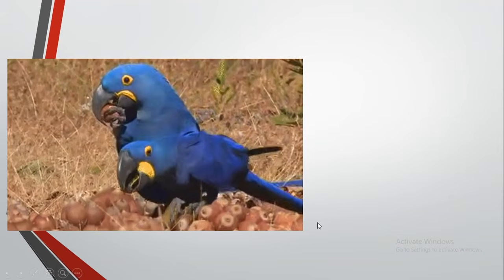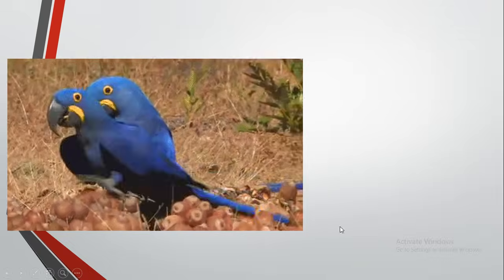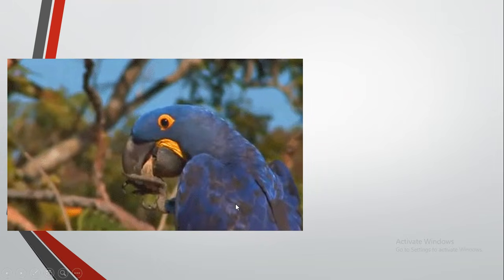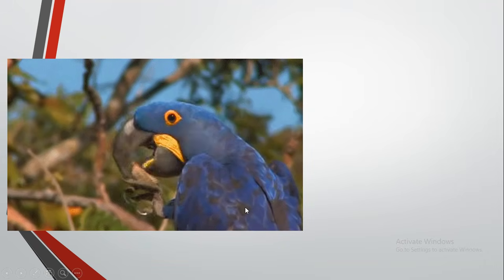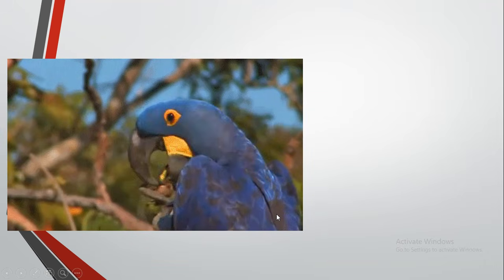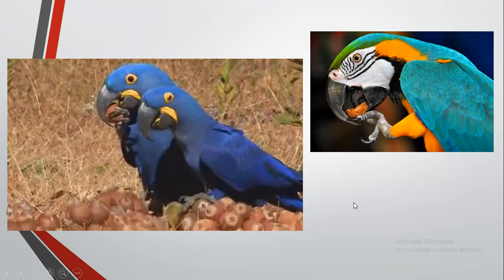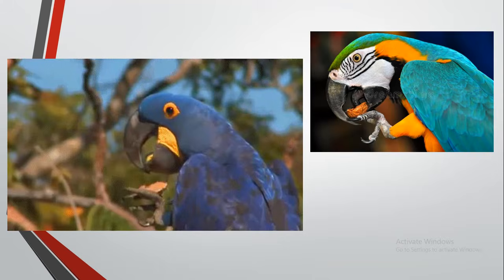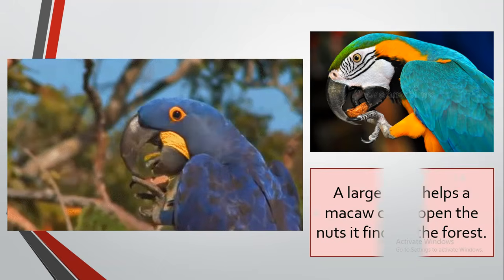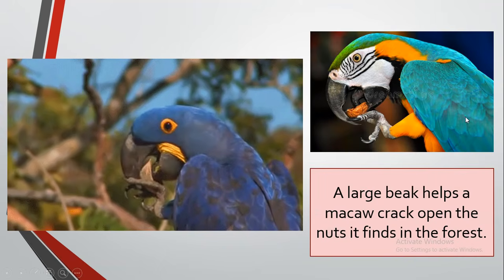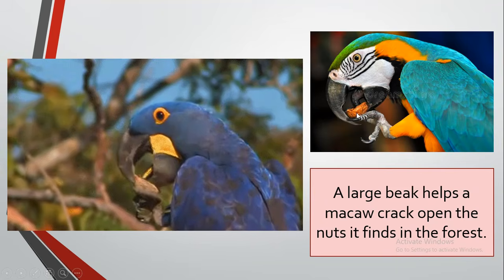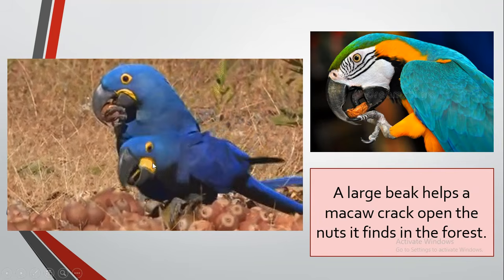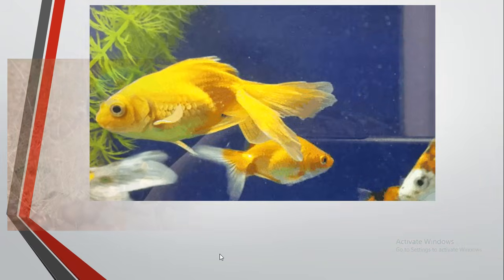Now look at this picture. Do you know what this is? This is a bird. It's a macaw. This macaw has a large beak. This large beak helps a macaw crack open the nuts it's found in the forest. See? It can open the nuts using its big beak.